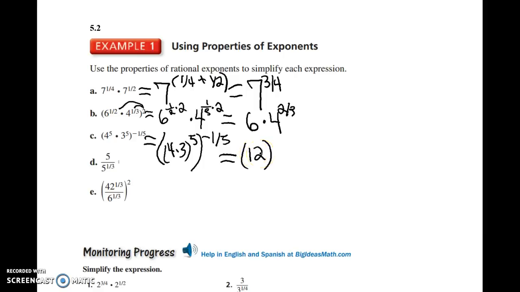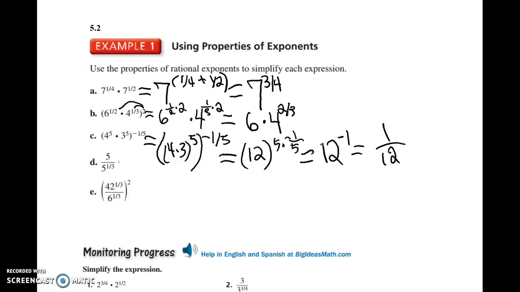And then we can also multiply 5 times negative 1/5 in our exponent. When we do this, think about what we're going to get. 12 to the negative first power. Yeah. And that's going to equal 1 over 12 to the first. So just 1/12.